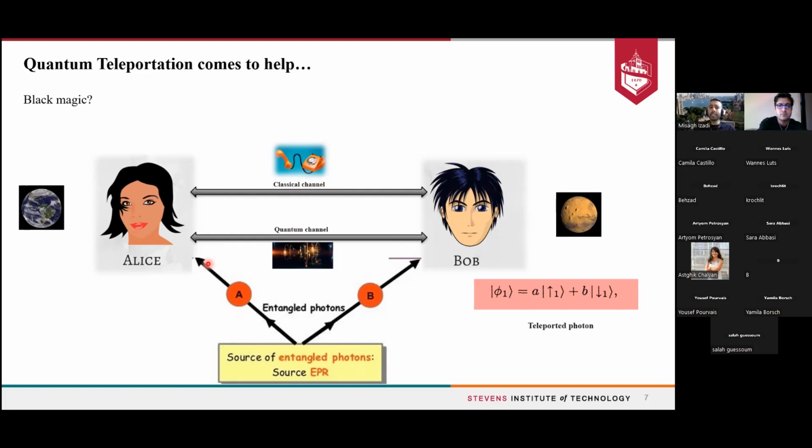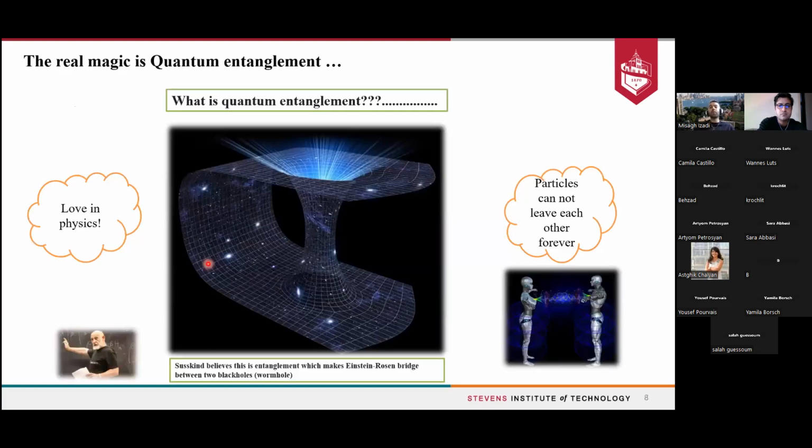But first, what is the magic here? The magic is quantum entanglement. Maybe the most surprising feature of quantum mechanics, which makes a huge difference between classical physics and quantum physics. In funny language, we can say it's a kind of love in physics, because once you have two entangled photons, it doesn't matter how far apart they are, even how far apart in time.